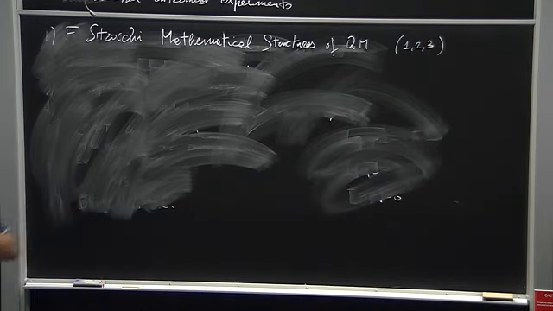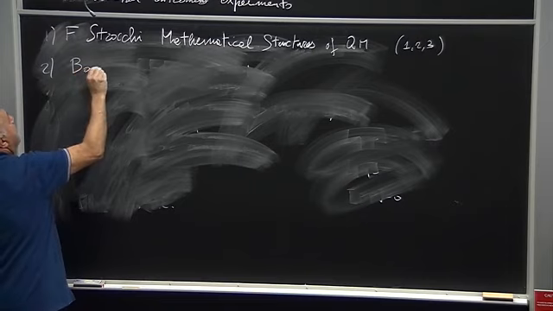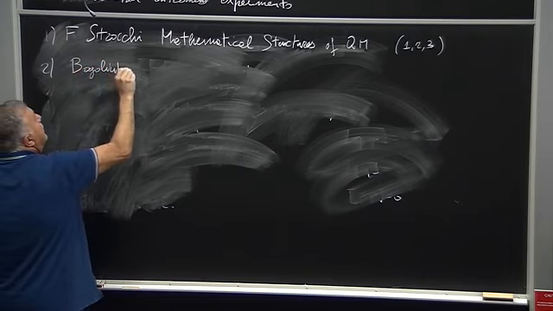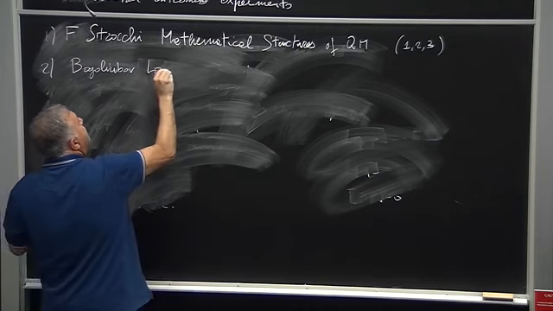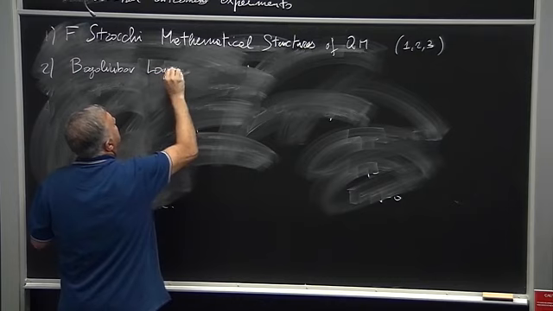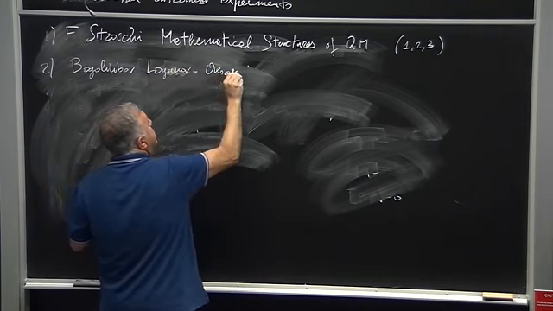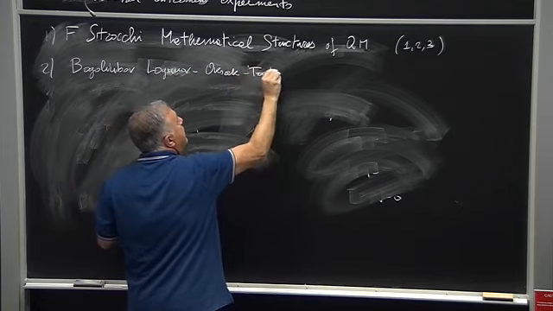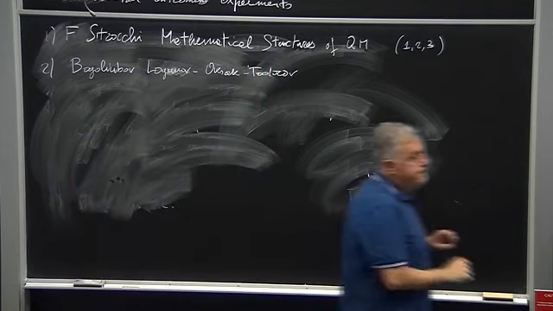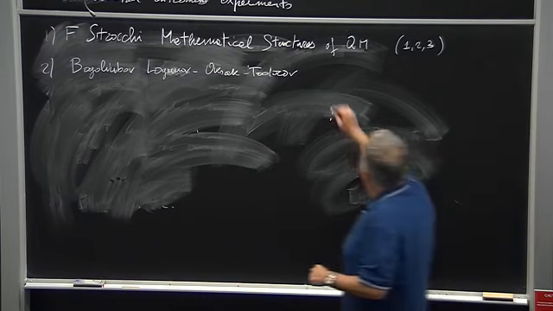You can find this book. The second is Bogolyubov, Logunov, Oksak, and Todorov, General Principles of Quantum Field Theory.